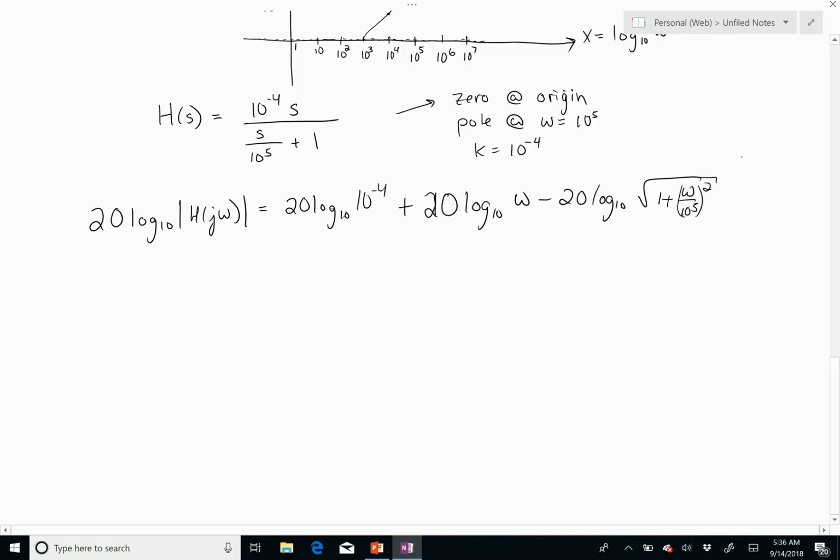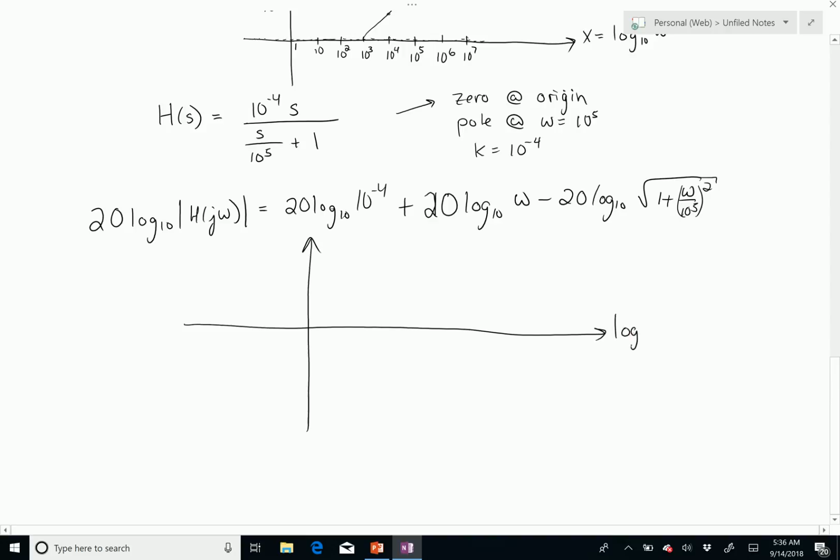Okay? All right. So I know how to deal with constants. I know how to deal with a simple pole like this. All right, so let's do this guy. This one's a little bit tricky.